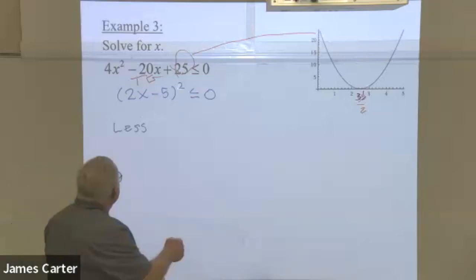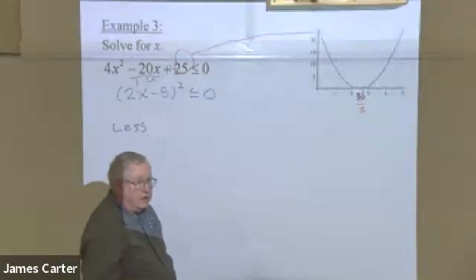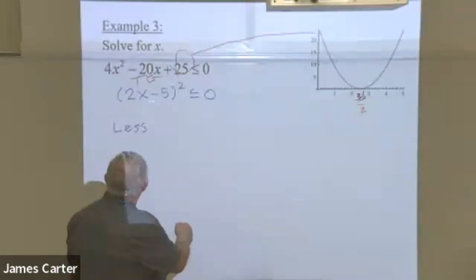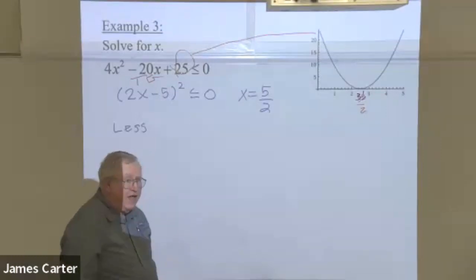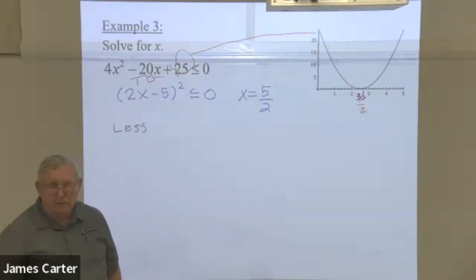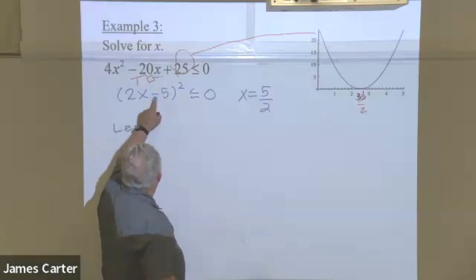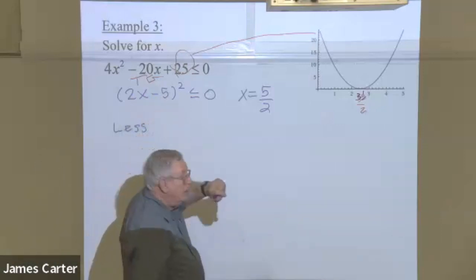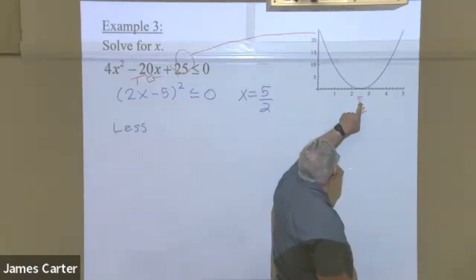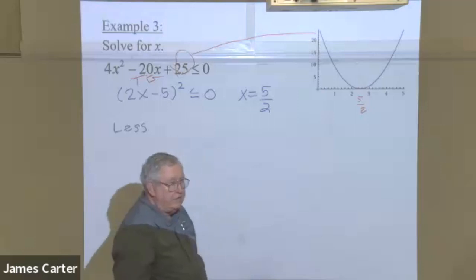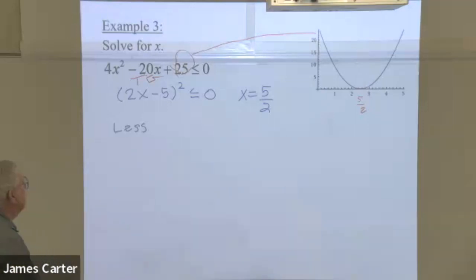That means we've got a touch and go point. Where is this touch and go point? Well, it's at 5/2 or 2.5. Move the 5 over, divide by 2. Okay. So here, instead of 3.5, we now have 5/2 or 2.5. Okay. So we've got our parabola drawn.